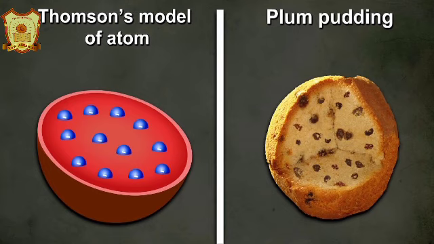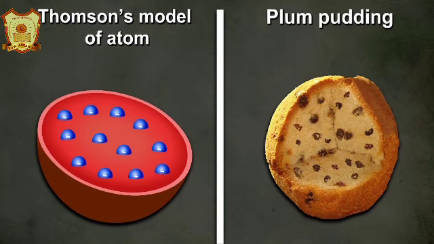So we just talked about how the atom is a positively charged sphere in which electrons are embedded somewhere. Now this is just like a watermelon. The red part of the watermelon is basically the positively charged sphere, and the small black-colored seeds in the watermelon are considered as electrons.